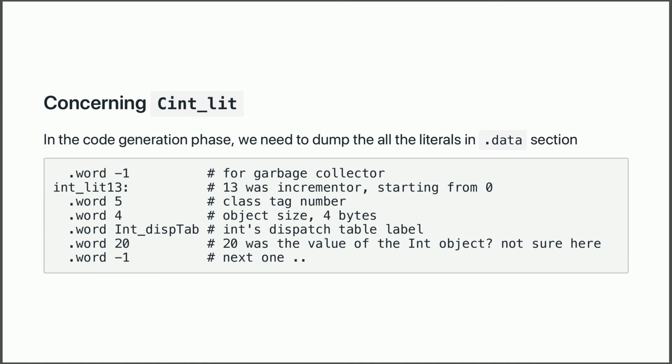So what should we put in the data section of the MIPS code? We're going to put things that are constants, like string literals and int literals. They're all constant, so we can declare them in the data, and that's the subject of this lab. We're going to talk about how we're going to output these things, and what the layout is going to be.